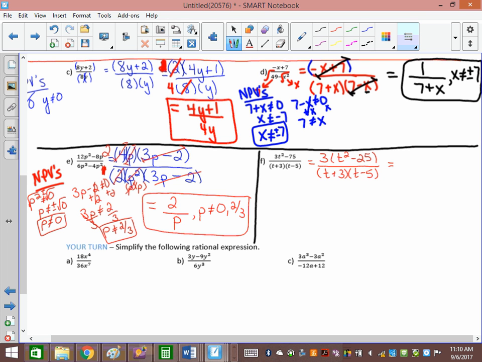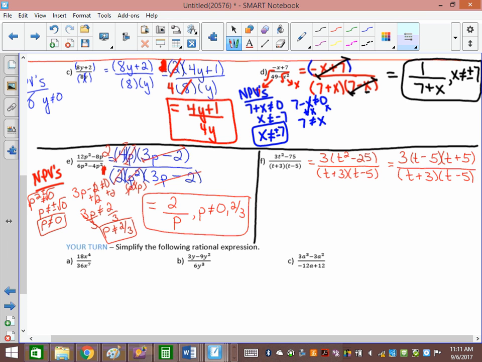A difference of squares. So I'm going to be left with 3, bracket, bracket. Square root of T squared is T, so it goes to the front. Square root of 25 is 5, so it goes to the back. And then negative positive or positive negative, doesn't matter. And then on the bottom I have T plus 3 and T minus 5.